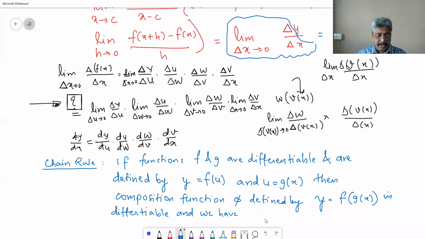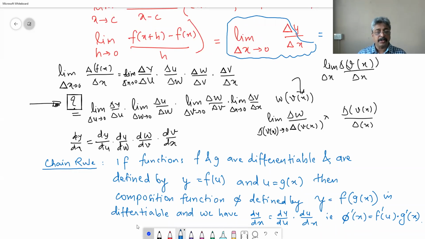The differentiable and we have dy by dx is equal to dy by du into du by dx. That is phi dash of x is equal to phi dash of u into g dash of x.